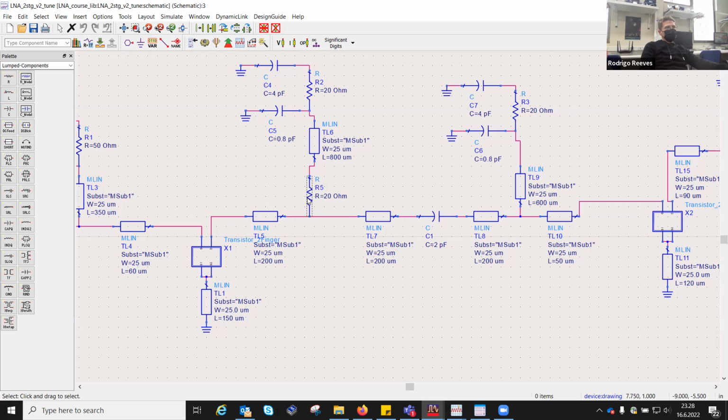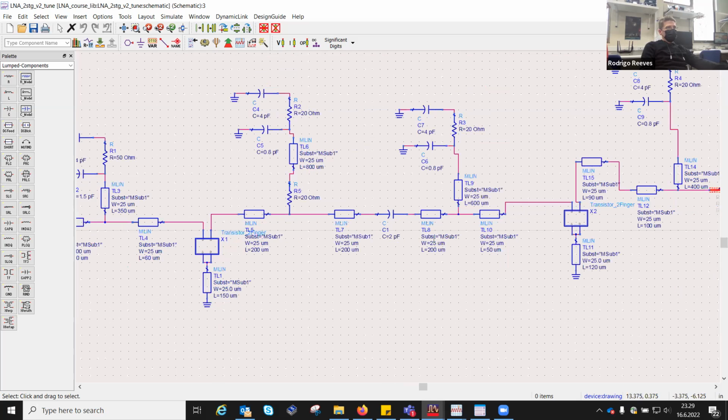So you basically can add a resistor there to stabilize the amplifier even more. I used 0.8 picofarad capacitors. What else? Then I have tuned the matching components here quite a lot, but they are in the same ballpark as yours, right?